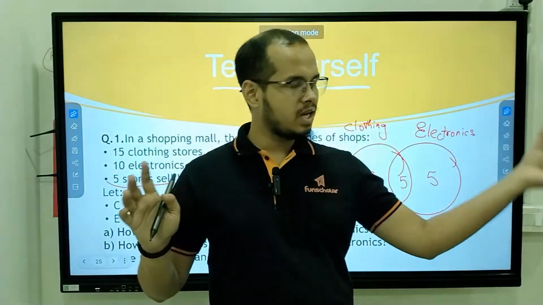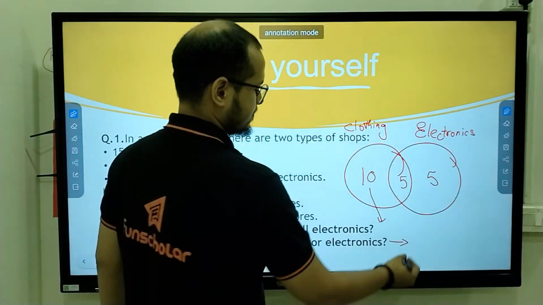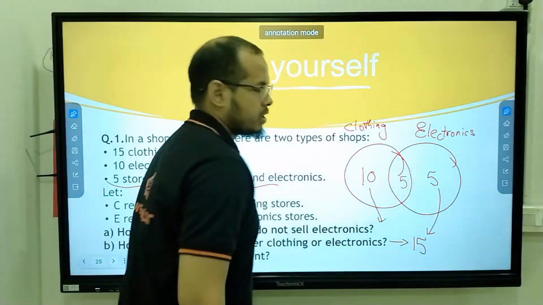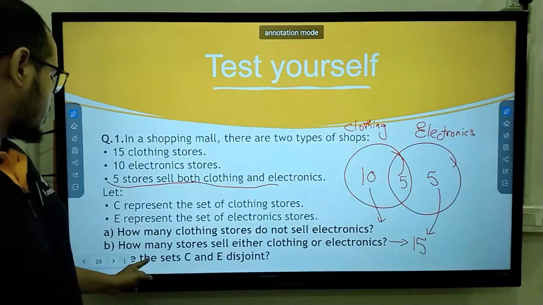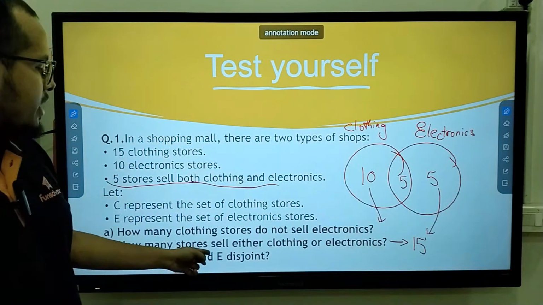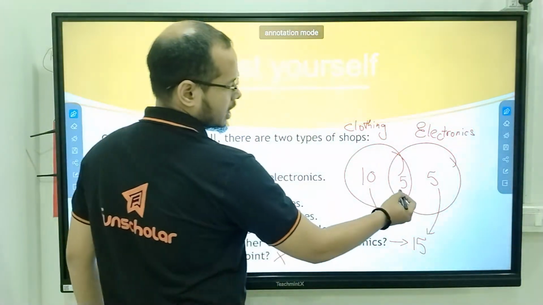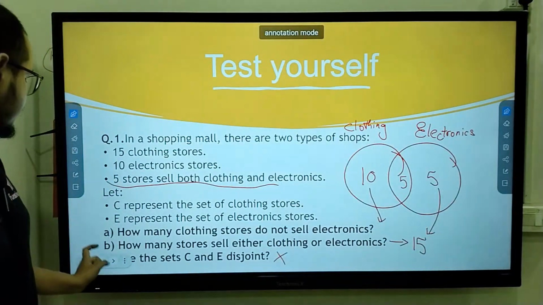So either they sell this or that. So 10 plus 5, 15. 10 comes from here, 5 comes from here. Are the sets C and E disjoint? They are not disjoint because they have these 5 stores in common. I hope you understood.